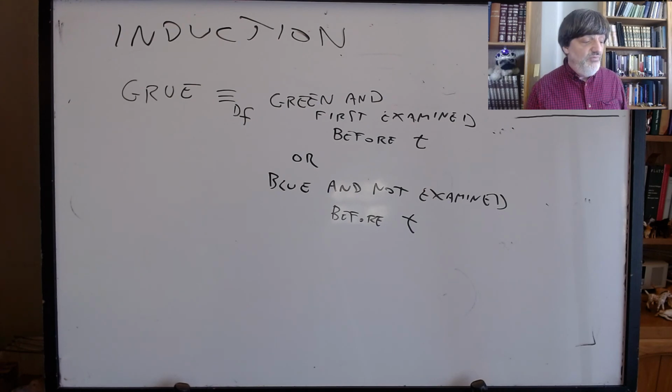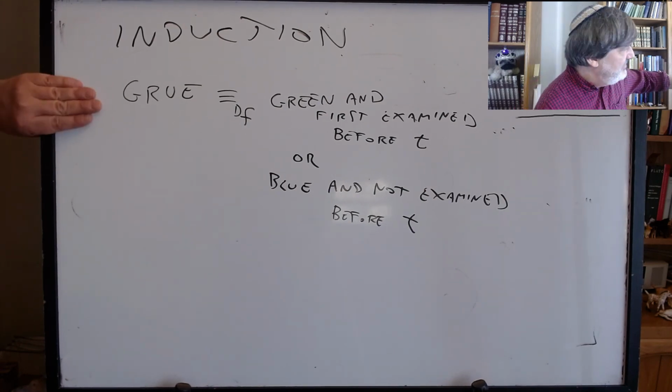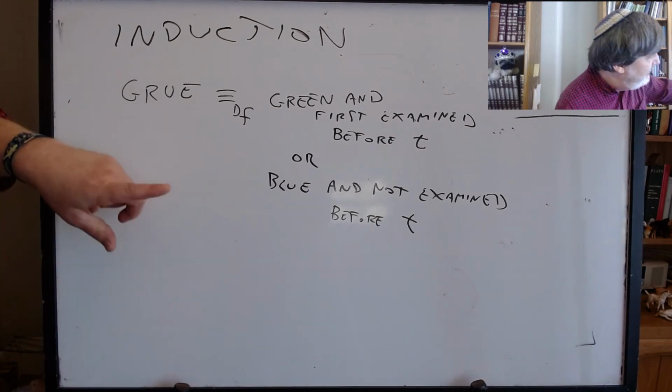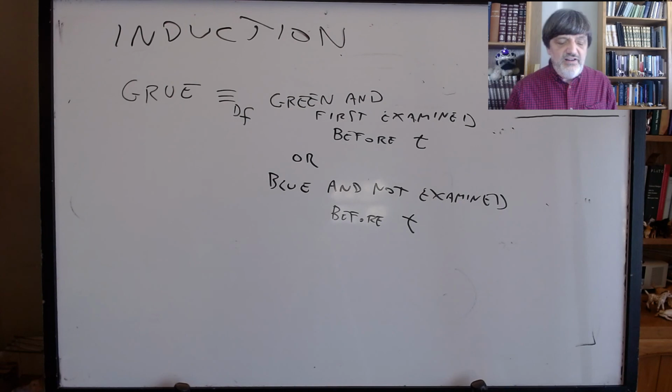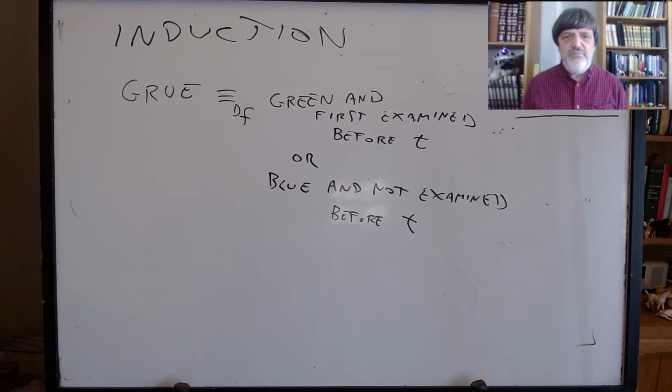So the solution we want is to say, look, GRU is not a good predicate because its definition refers to a specific time. And predicates that refer to specific times or locations in space are not projectable. We would also say that about "all men in this room have 2 older brothers."